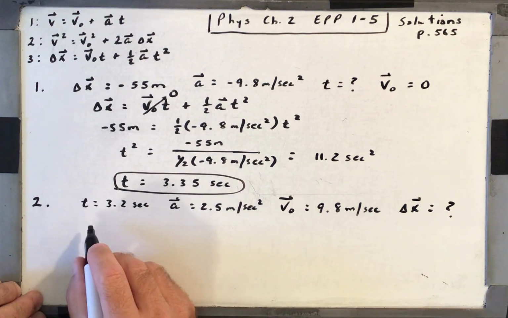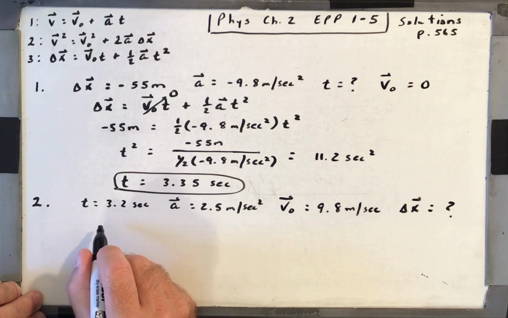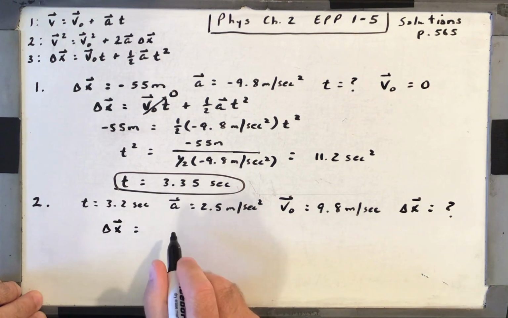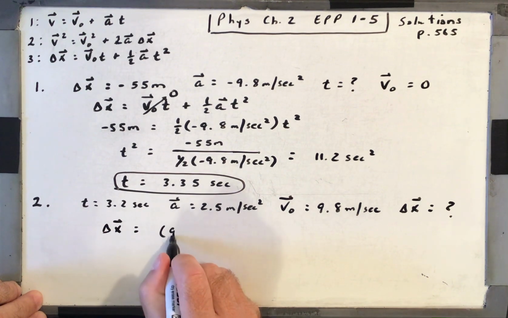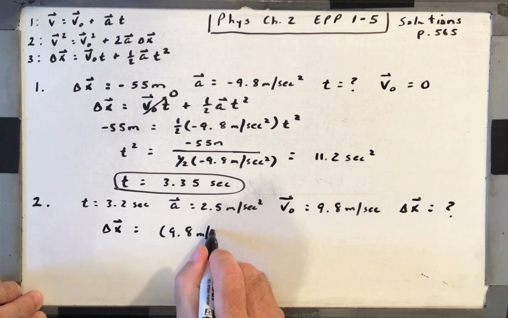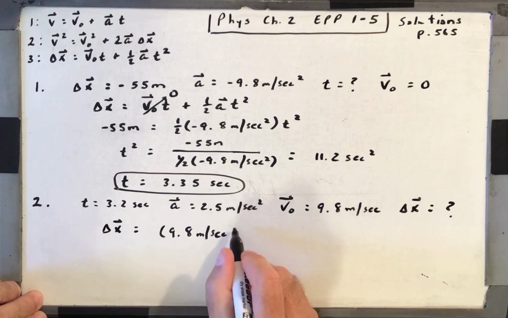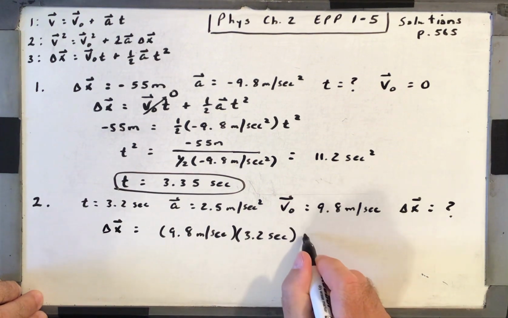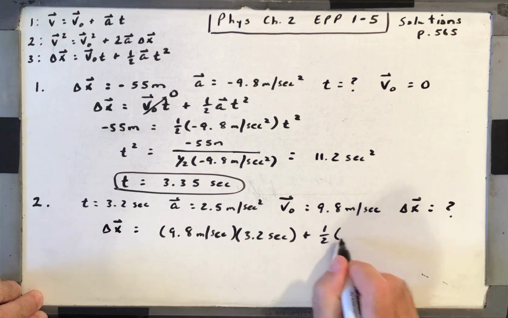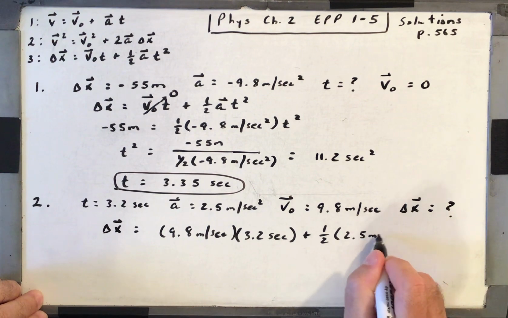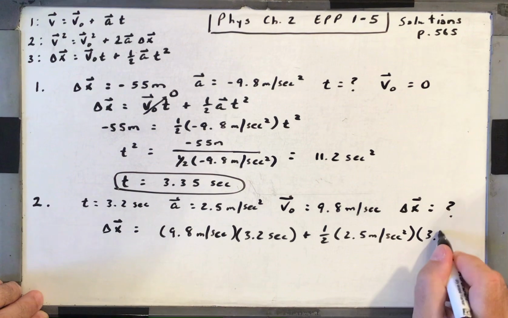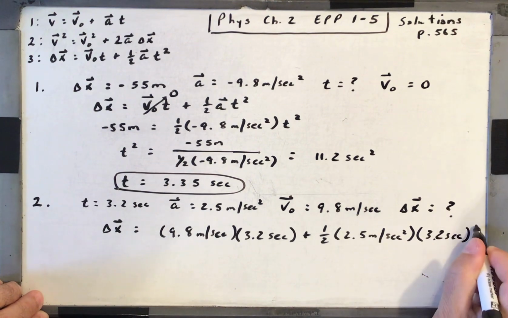Okay, so let's just fill in the numbers here. To equation 3, we would have delta x, what we're solving for, is equal to initial velocity 9.8 meters per second times time 3.2 seconds plus 1/2 times 2.5 meters per second squared times 3.2 seconds all squared.